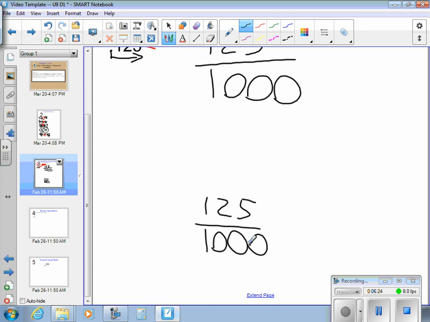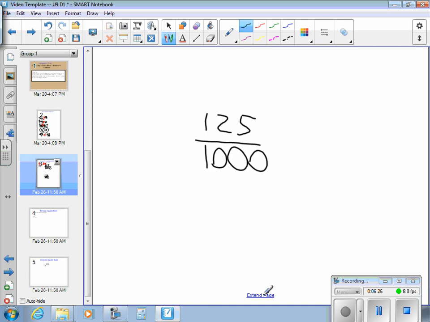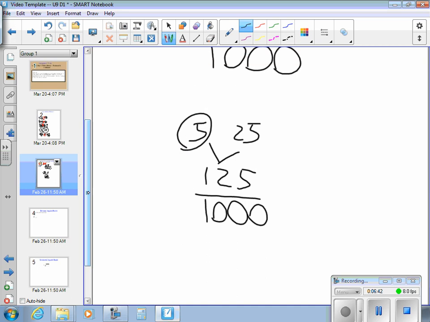And I'm going to factor each of these. So 125. It's divisible by 5. And if I divide it by 5, I get 25. 5 being prime. And 25 is 5 times 5. Okay, how about 1,000?